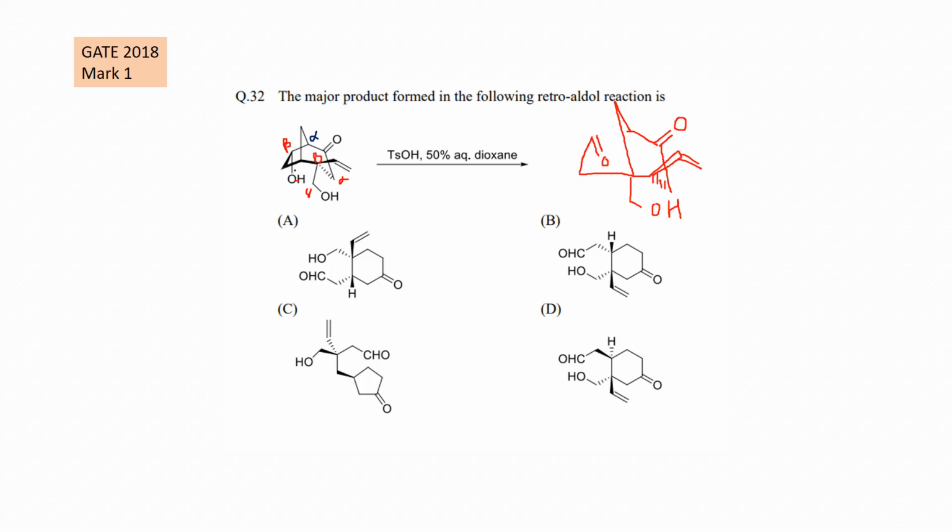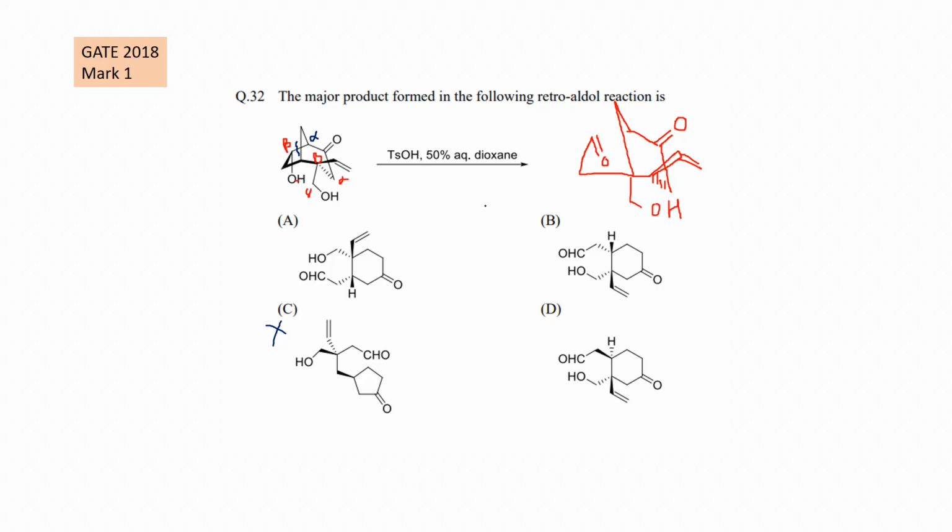Now this is the carbonyl group. Let's count the members of this ring: 1, 2, 3, 4, 5, 6. So this should be a 6-member ring. This option is already cut because it contains a 5-member ring.